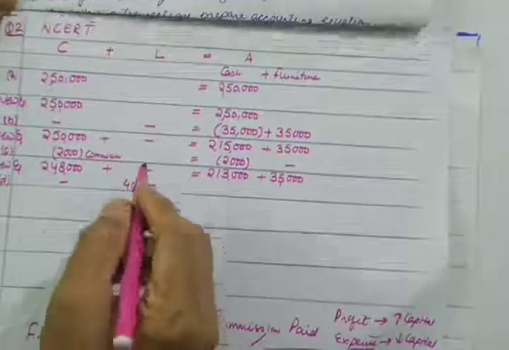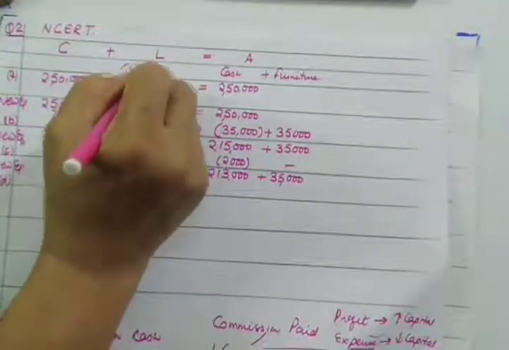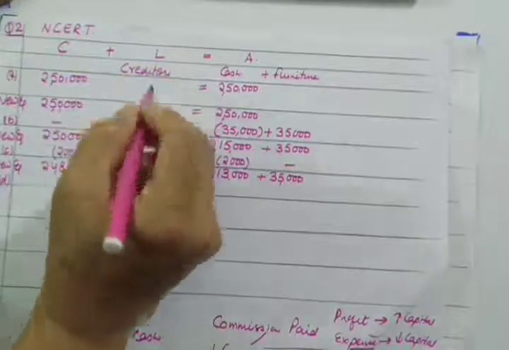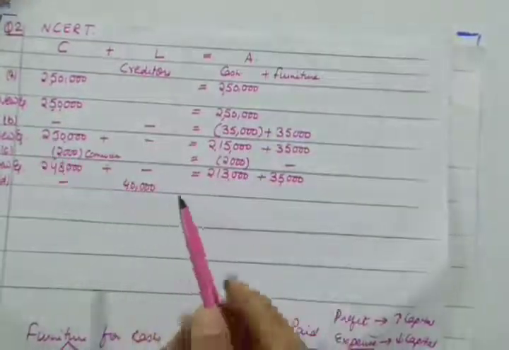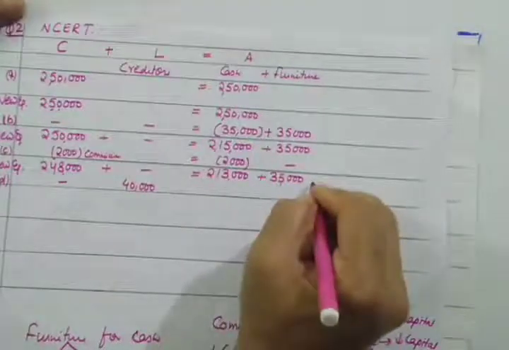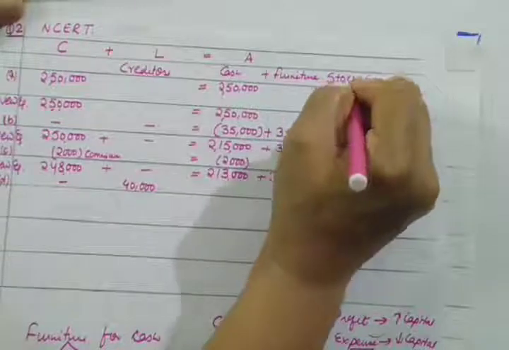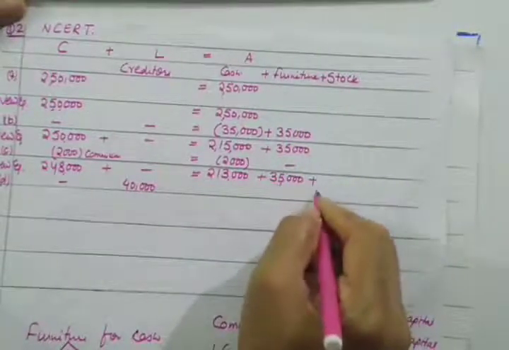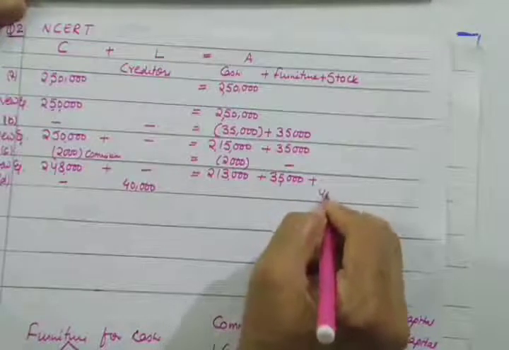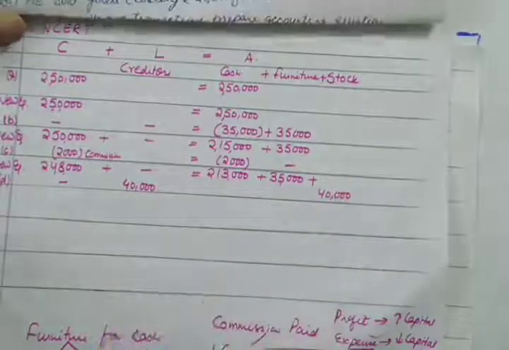and you are going to write here as a creditor. Then check the alignment, it should be in the same alignment. And a new item will be added here, stock. In the new equation you will be writing stock here. So you need to be very careful while maintaining the accounting equation.